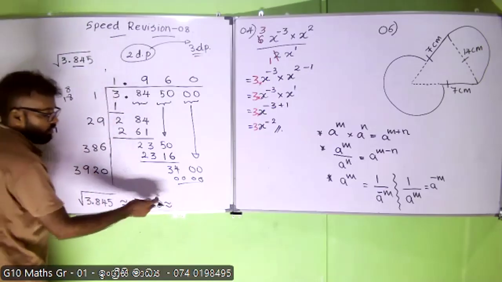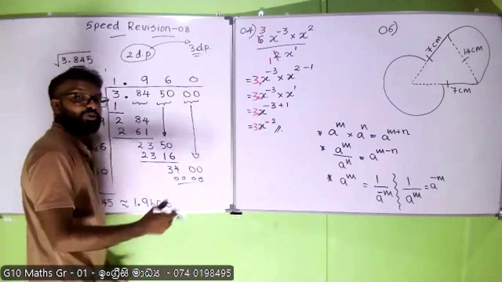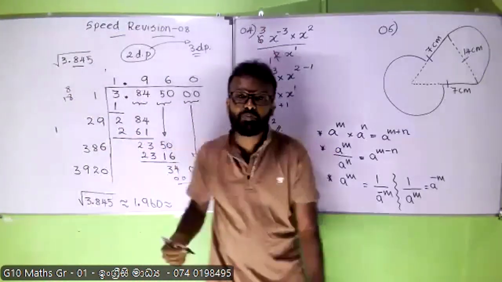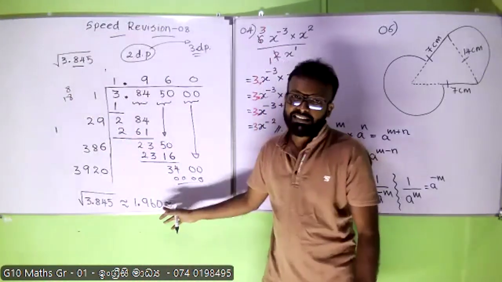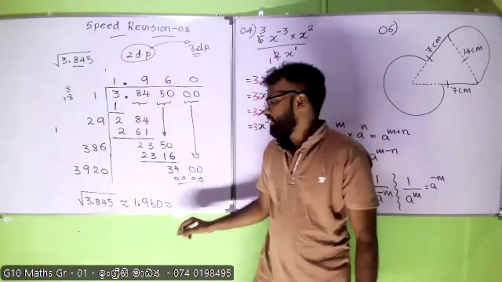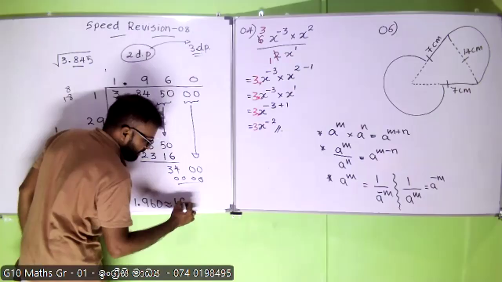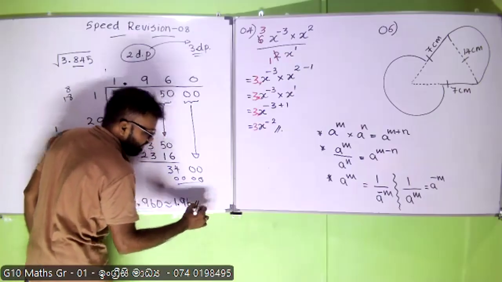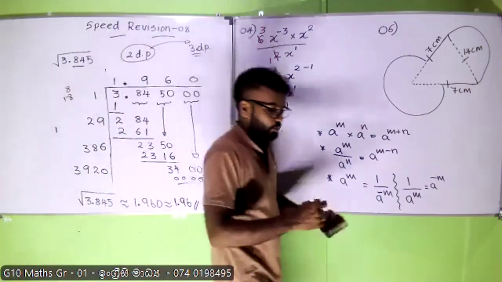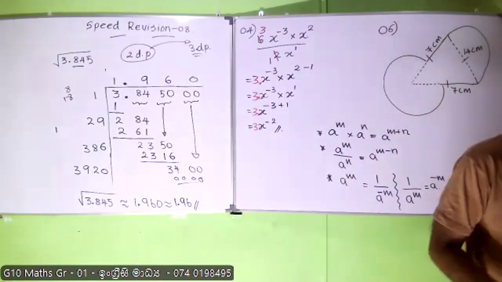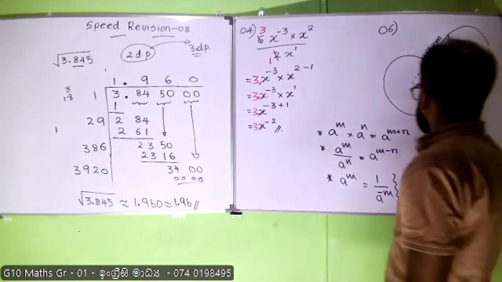If you round off this 0 to the nearest decimal place, it is less than 5, so eliminate it. So the answer will be 1.96. Right. Okay. So last one.